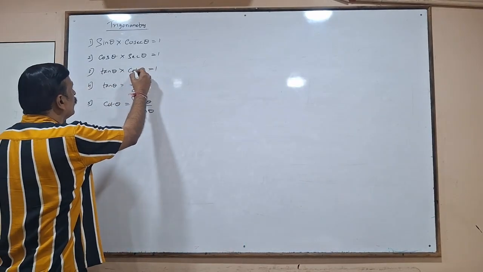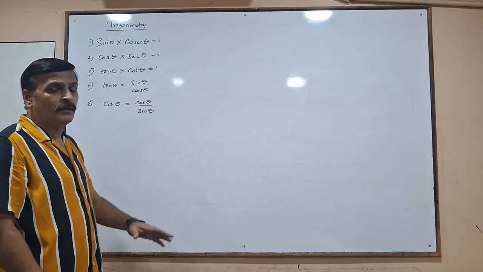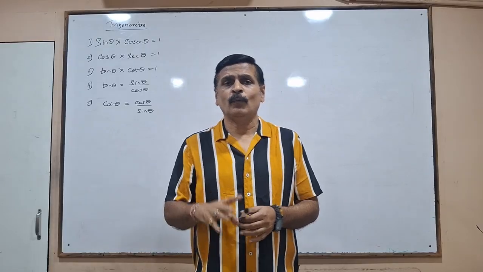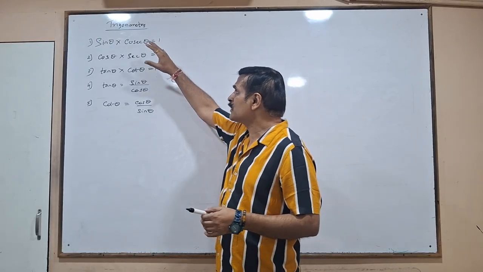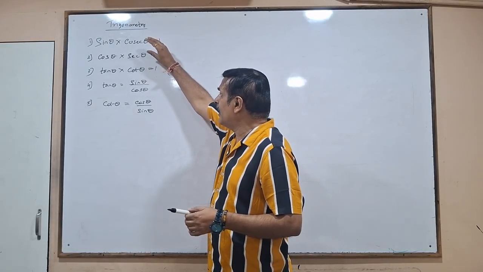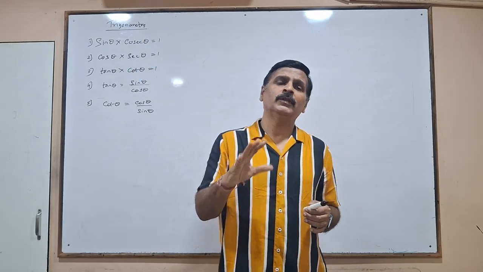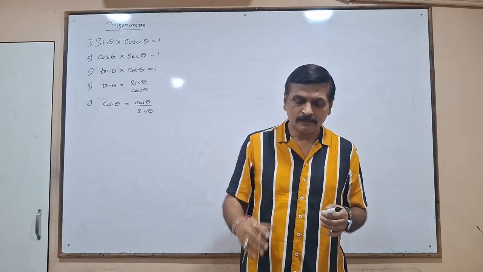So the values which you have studied in 9th standard, the table, in 10th standard, we normally don't require values of cosec, sec and cot for solving problems. We require normally values of sin, cos and tan.